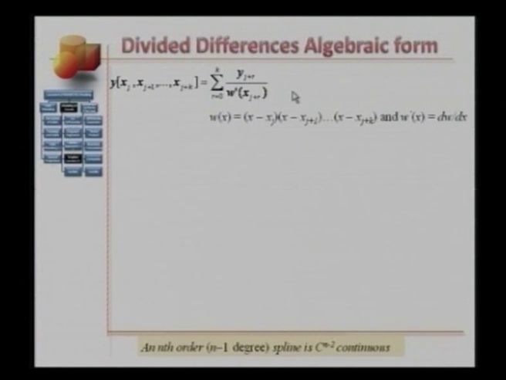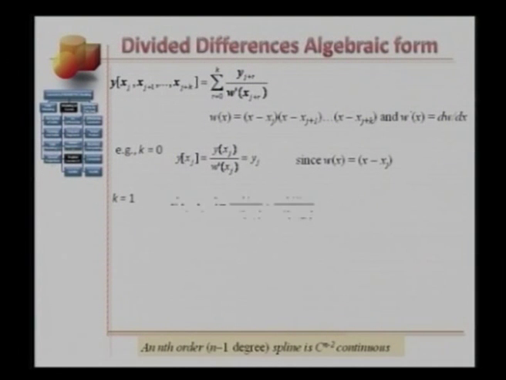To revise, let's test again whether this expression holds good. For k is equal to 0, we have y of xj equals yj over w prime xj, which is simply yj. In this case, we have w of x equals x minus xj, so w prime is 1.